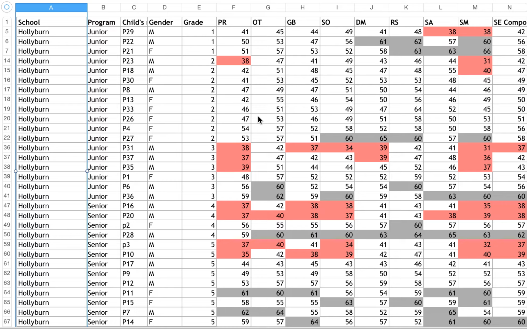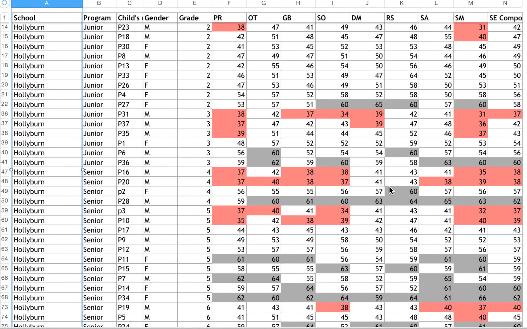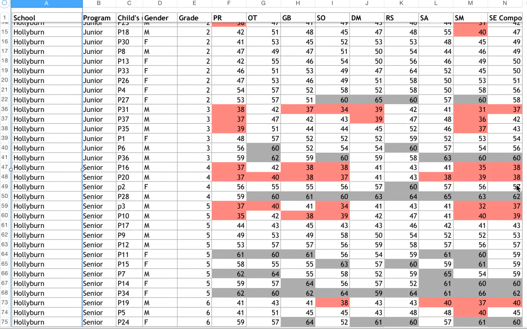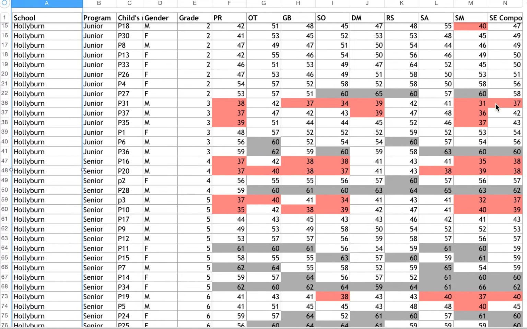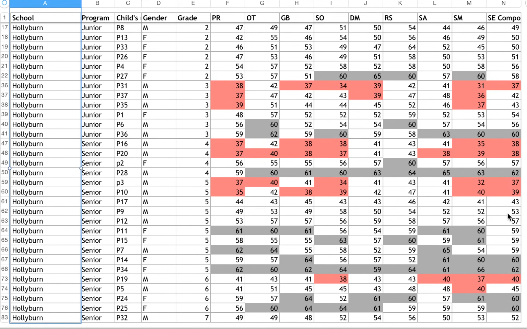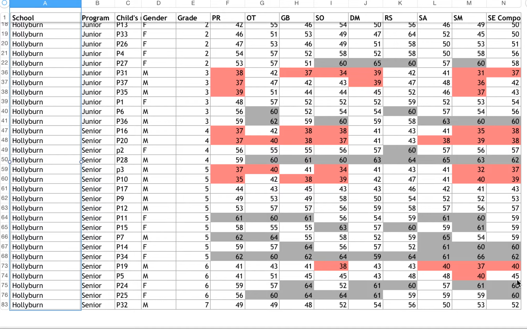And we can start to see some interesting trends in terms of where the clusters of vulnerability and strengths lie. So we can see some clustering around grade, so we can really see that the majority of the needs are clustering around grades 3, 4, and 5, and the strengths are clustering around grades 5, 6, and 7.